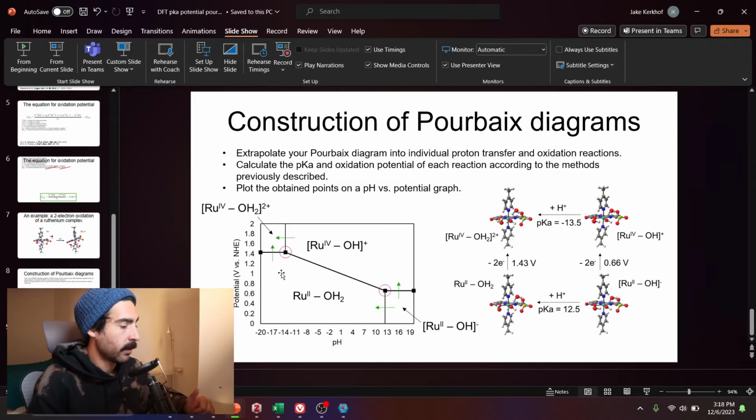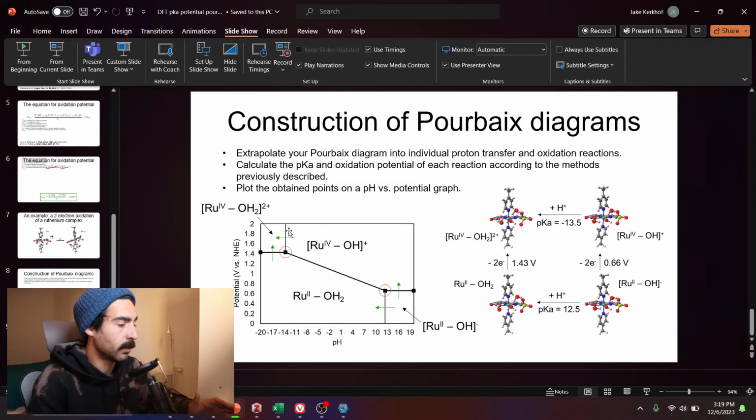So here, at the end of this regime, we predict that the ruthenium 2 aquo species has an oxidation to the ruthenium 4 aquo species. So that's a simple electron transfer reaction, which is what we just talked about in our calculation of oxidation potential. And similarly, at the most basic region, we have an oxidation from the ruthenium 2 hydroxo species to the ruthenium 4 hydroxo species.